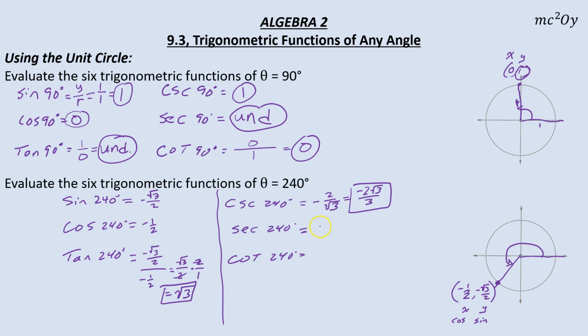Secant is 1 over negative 1/2, or the reciprocal of negative 1/2, which is negative 2. And cotangent is the reciprocal of root 3, which is 1 over root 3, which becomes root 3 over 3 when you rationalize it. All right. We got it, man. Well, let's move on.